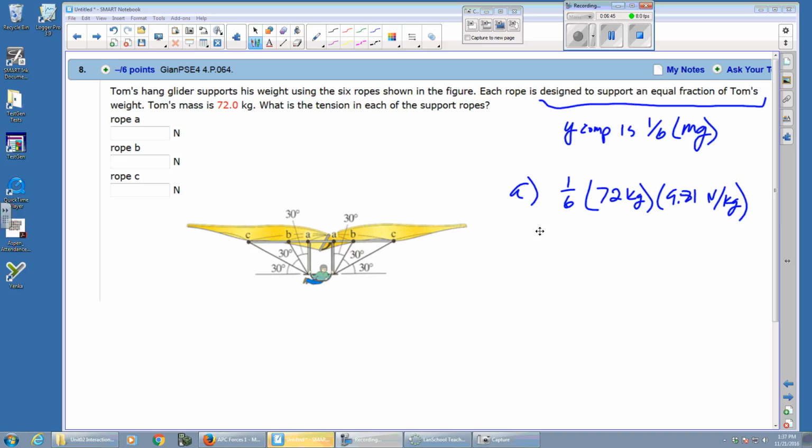Right? Fixed ropes, right? Yep. Okay. I'm not getting any response.